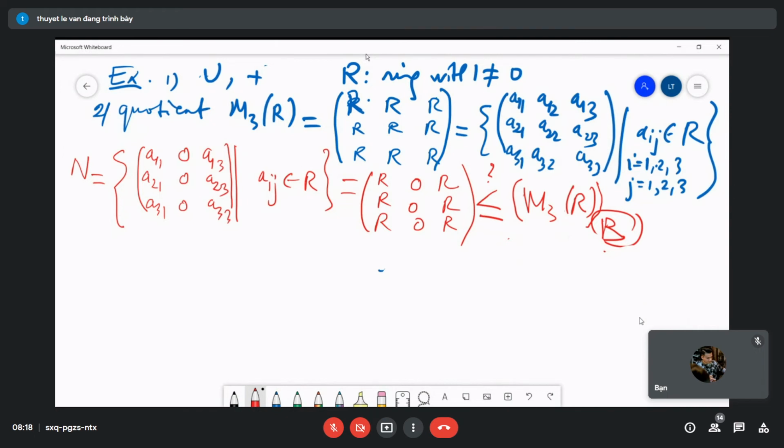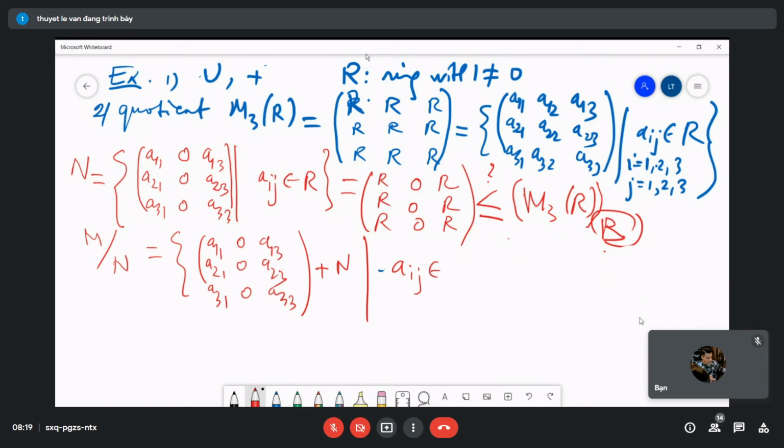Okay, and in this case, you take M over N. The element of M over N is a11, 0, a31, a21, 0, a32, a310, a33, plus N, for every a in R, and then you can check the element N here. So N is here.